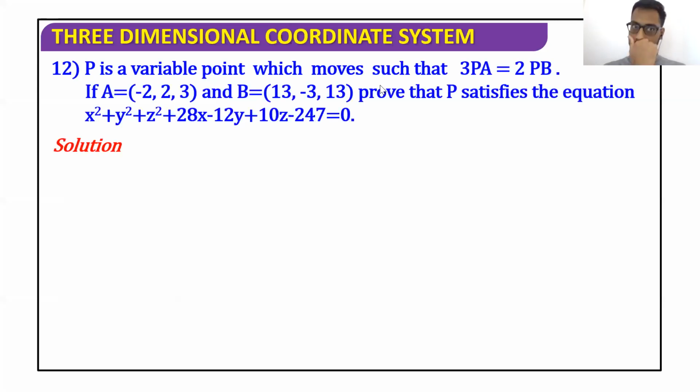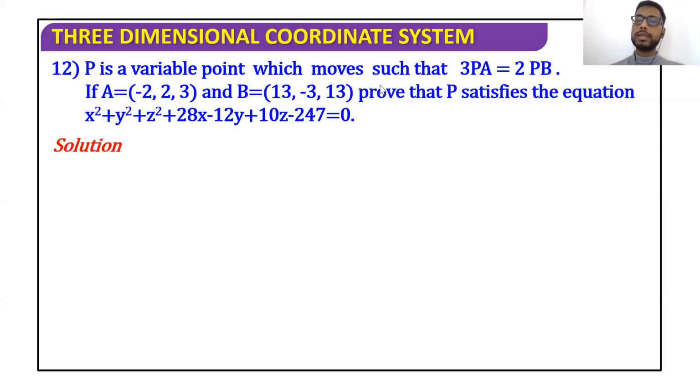The next question: you have to show that there is a point P which is having a locus, or it is moving, such that it satisfies the condition 3PA is equal to 2PB. You are given the points A and B. Point P obviously would be (x, y, z), and the answer should be equal to this, which is given to you.